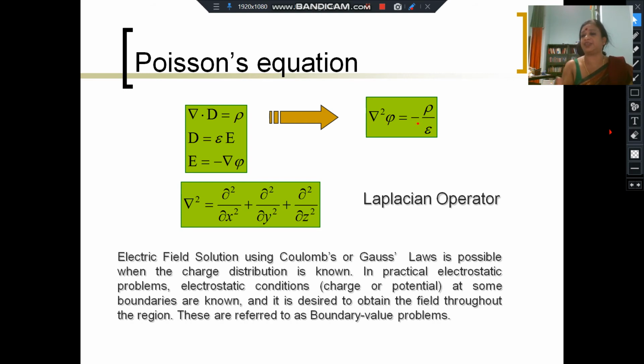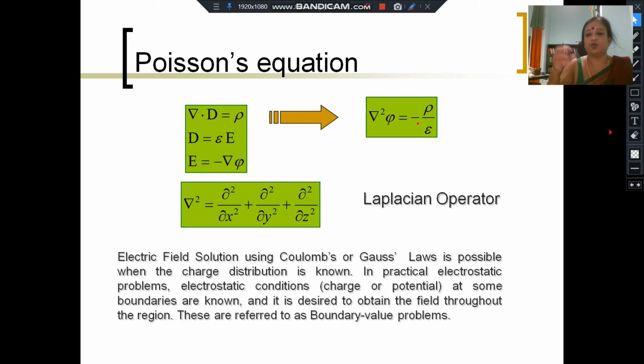If you have complicated scenarios, irregular structures, non-uniform materials, do you know how the charge is distributed? You do not. So if you do not know the charge distribution, there is no way that you can compute the electric fields inside a dielectric material using Coulomb's law or Gauss's law. What do you know? You know the potential.